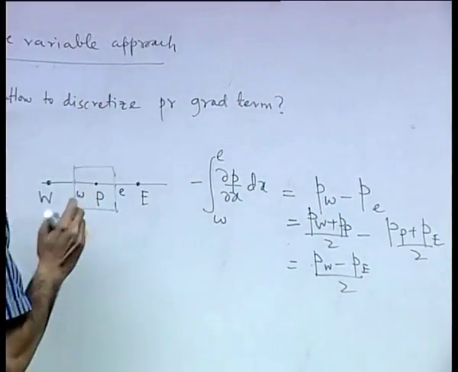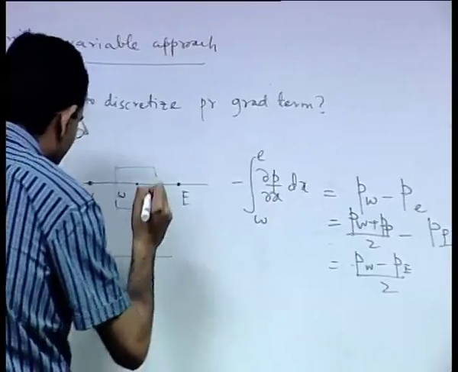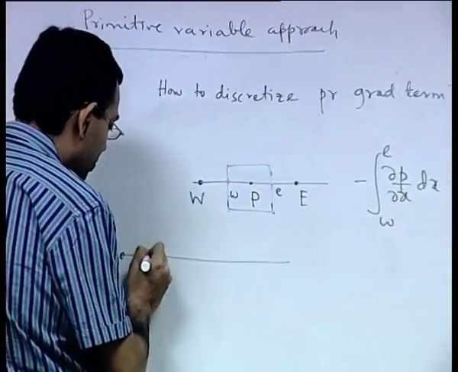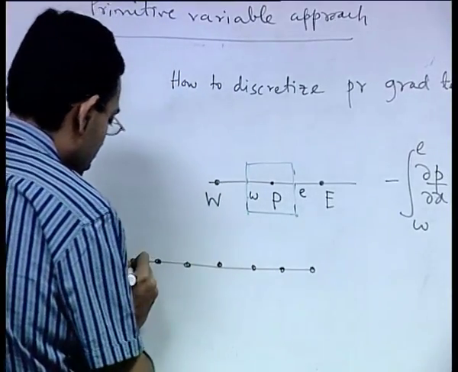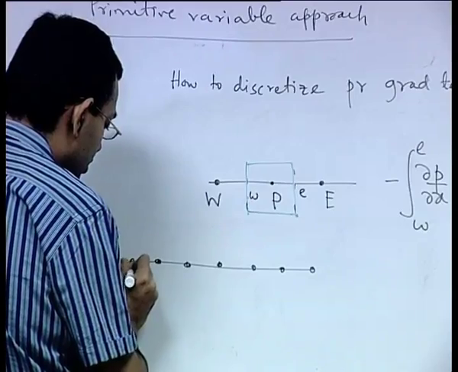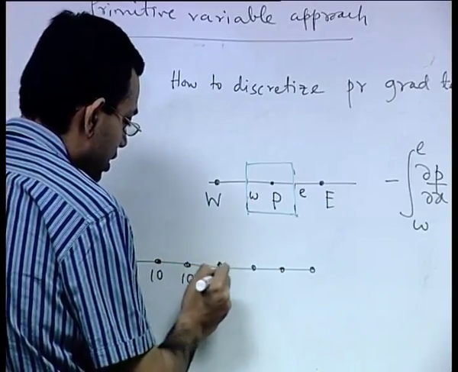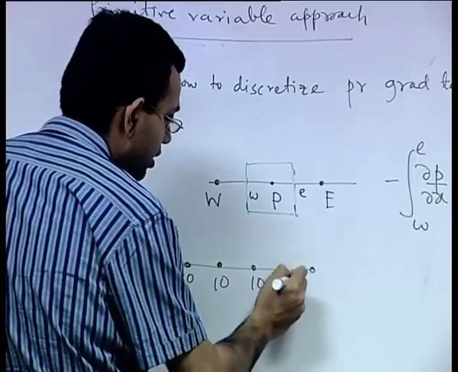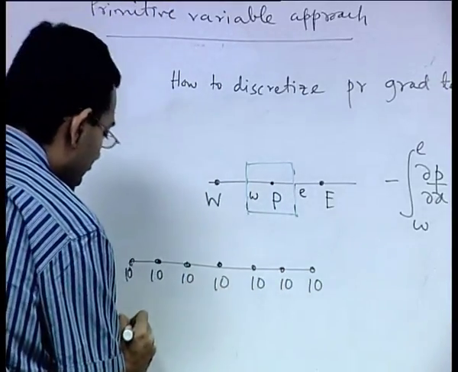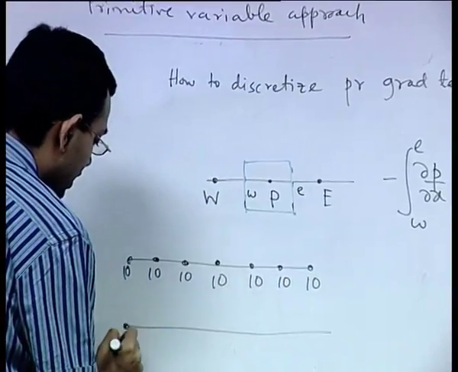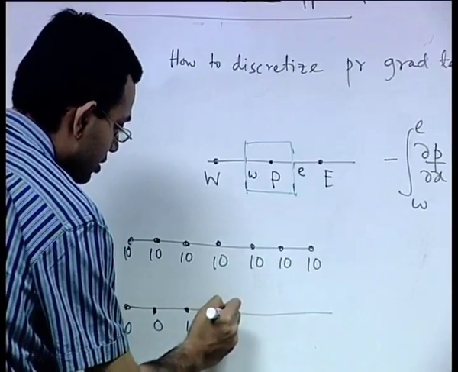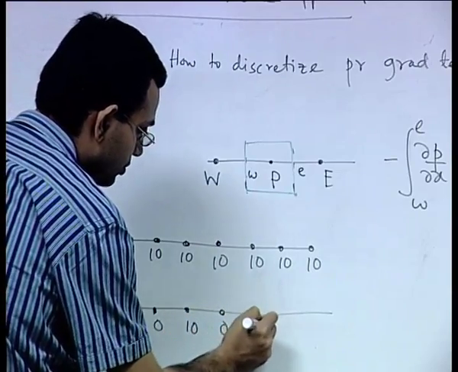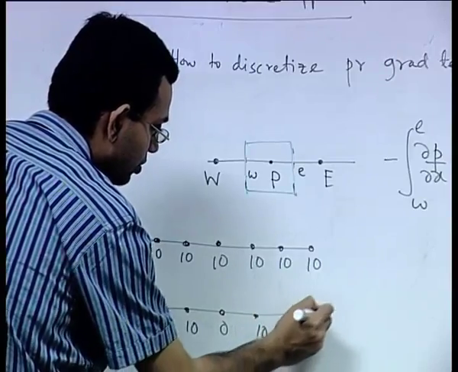Now, let us consider two examples. In one example we have the pressure field like this: 10, 10, 10, 10, 10, 10, 10. In another case we have a pressure field like this: 10, 0, 10, 0, 10, 0, 10.